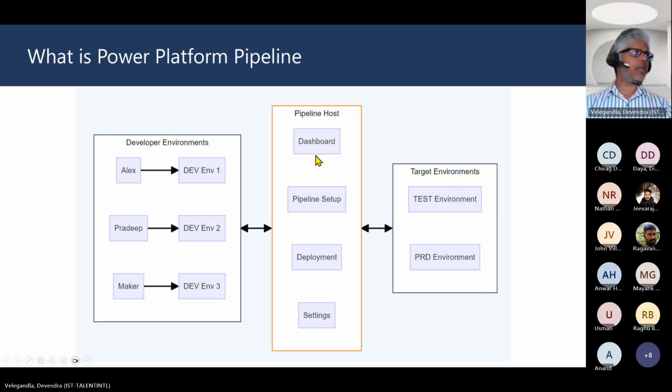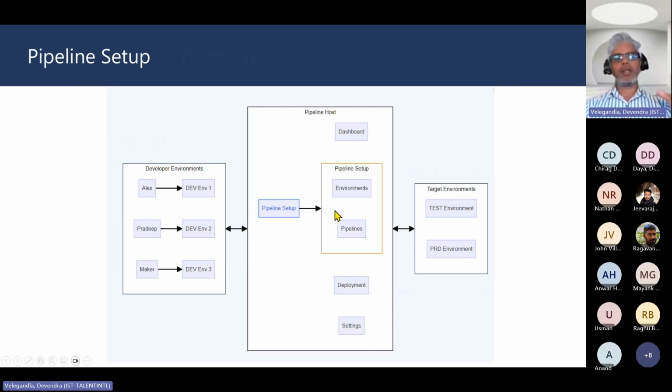The pipeline has a pipeline host that hosts all the pipeline setup, deployment, and other settings. The pipeline setup is the key configuration that you need to do from an admin point of view.